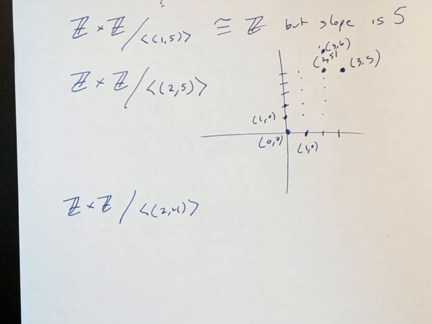What should I see here? Slope of 2. Great. But what's the normal subgroup generated by 2, 4? Even answers.